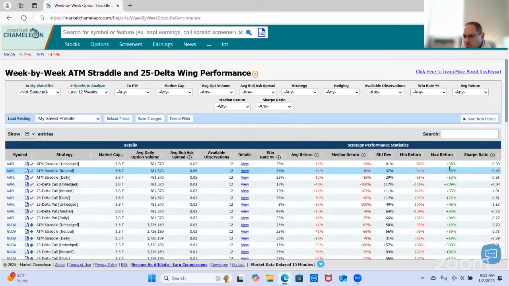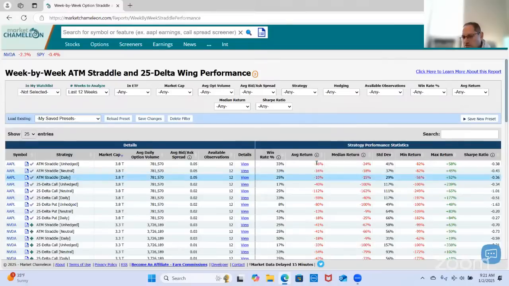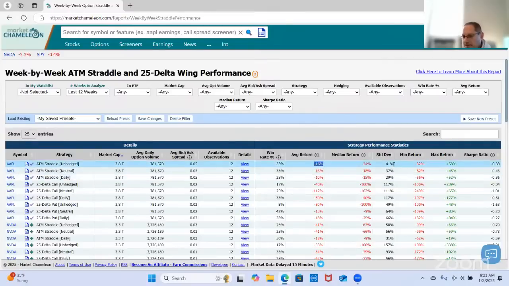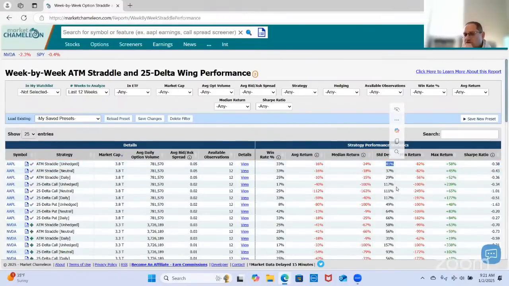Now, to normalize or standardize the potential reward versus the risk in those last 12 weeks, we could take the average return divided by the standard deviation of the returns and get this ratio. Of course, this is negative, so these were negative returns.